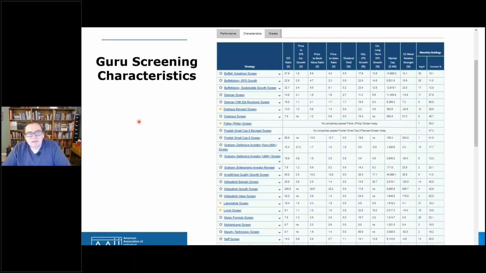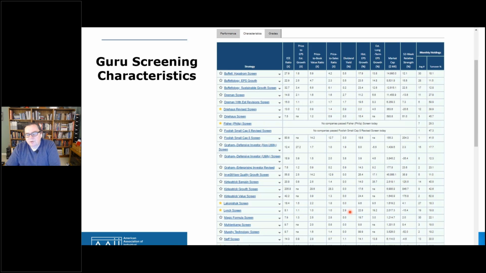So looking at the guru screening characteristics, this is why it's important to take a look at beyond just the performance. If you're going to be following an approach, and look at the Peter Lynch approach, for example, it has price earnings in it as a component, and looks at stocks that are relatively low priced, attractive on a PEG ratio, price to book ratio, price to sales ratio.